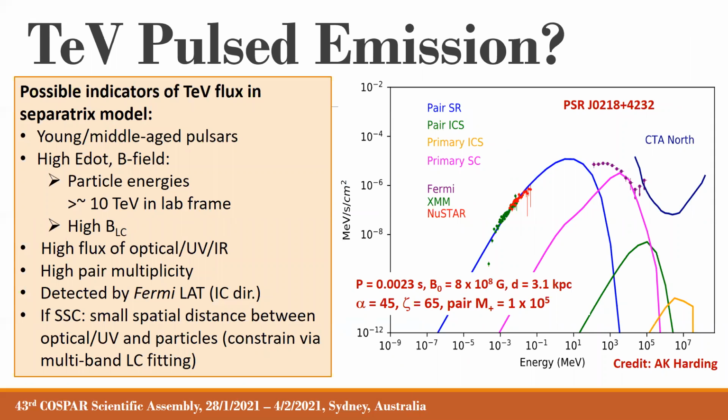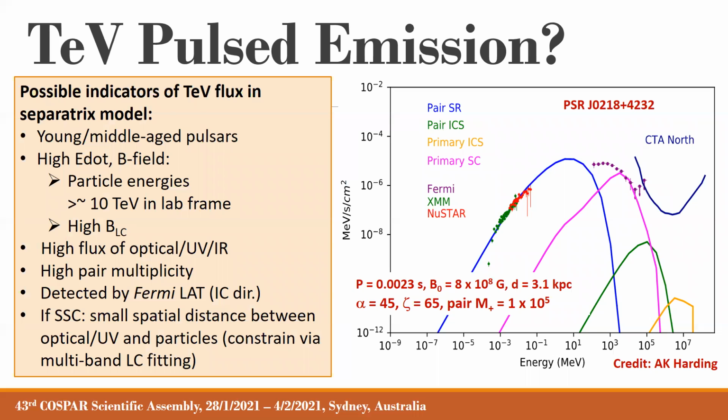Lastly, the question is whether one would expect TeV pulsed emission from millisecond pulsars specifically. In the separatrix model that I've mentioned before, there's a pair synchrotron and primary curvature or synchro-curvature emission, and the particles responsible for the primary curvature emission can interact with the pair synchrotron photons and lead to SSC that can give you some component that might be visible in some cases for HESS or for CTA.